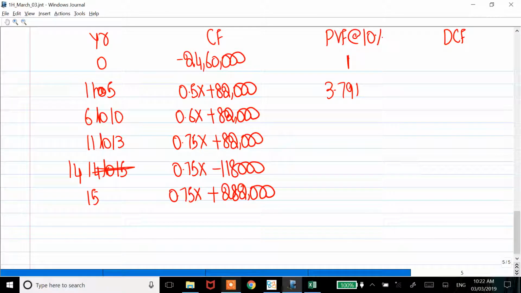Start again from the beginning. 1 divided by 1.1 equal to, you get the 5th year value. 6th equal to m plus, 7th, 8th, 9th, 10th equal to m plus and an MRC.